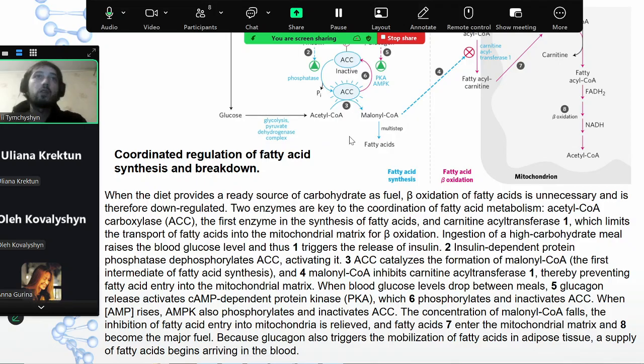And this acetyl-CoA can be used to synthesize malonyl-CoA, and this malonyl-CoA can later be used for the synthesis of fatty acids. I will show you the exact pathway when we get to that point in these slides, but you can guess that there are some steps.